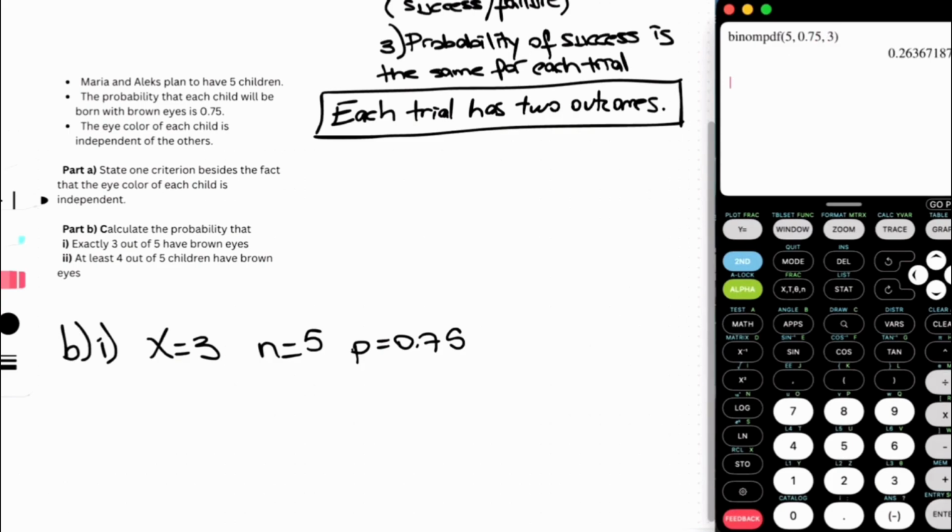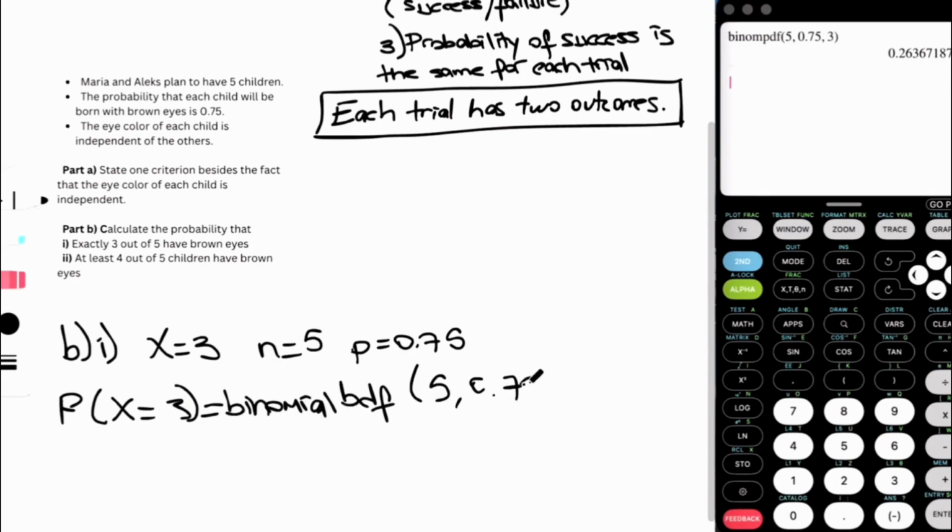Press enter. This will be our value for the probability of exactly 3 out of 5 having brown eyes. So the probability of X equal to 3, with binomial PDF and p equal to 0.75, is equal to 0.264 to 3 significant figures.